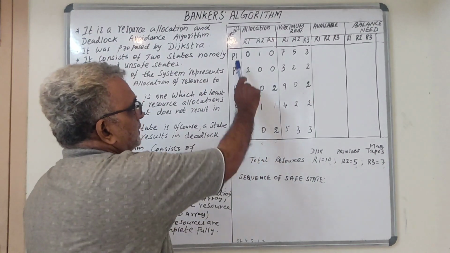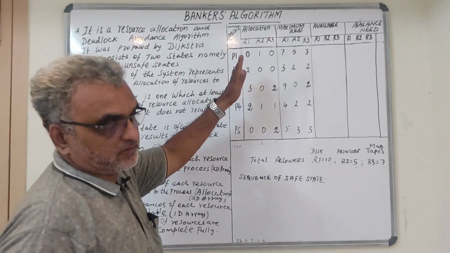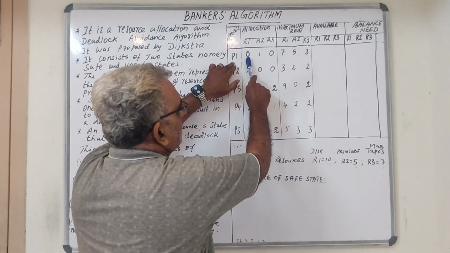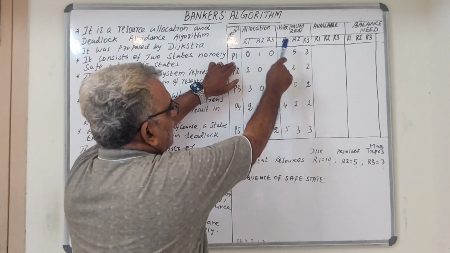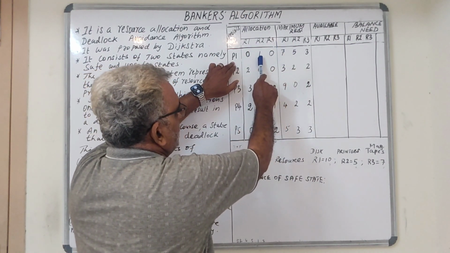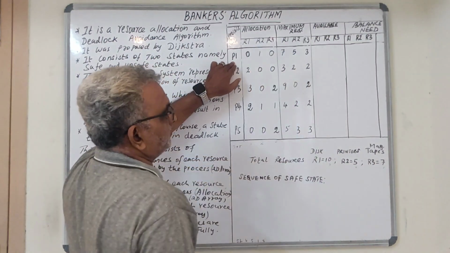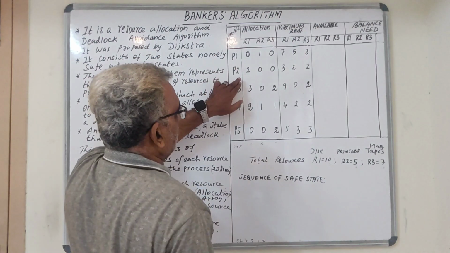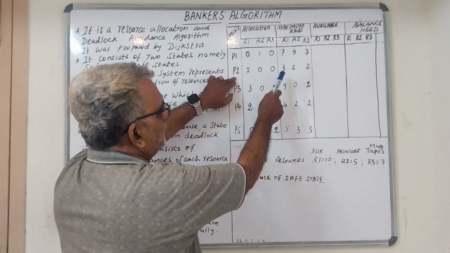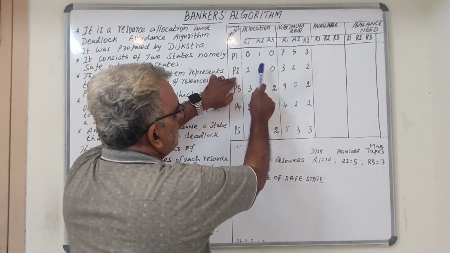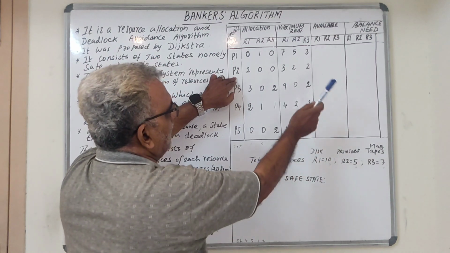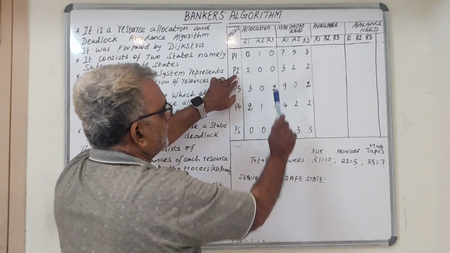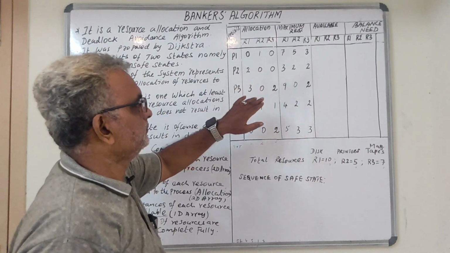This is the allocated resources. For P1, resource 1 is not allocated, one instance of resource 2 is allocated, and for resource 3 nothing is allocated. Similarly for P2, 2 instances of resource 1 are allocated, and resource 2 and resource 3 are not allocated.